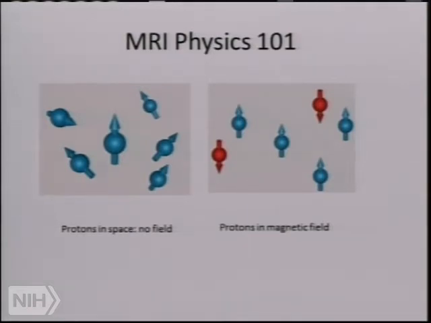So as we sit here, there are hydrogen protons, and they're all randomly distributed. They may be weakly aligned with the Earth's magnetic field, but the Earth's magnetic field is just too weak to really align them in any degree. But if you apply a very strong magnetic field, something happens. They all jump to attention, either aligned with the magnetic field or aligned 180 degrees against the magnetic field.